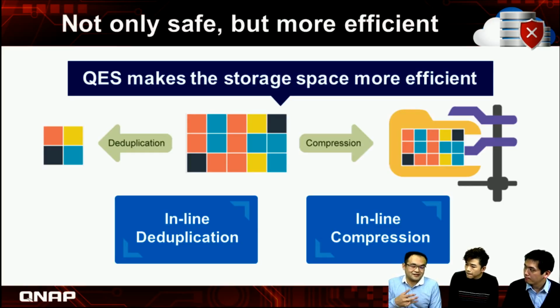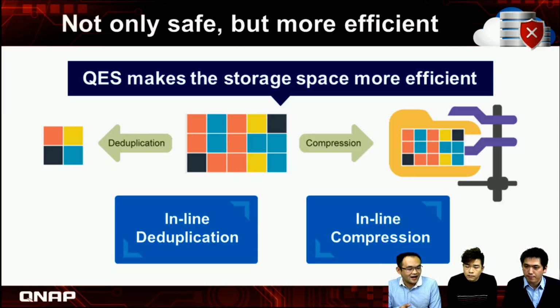Yes, and QNAP is aware that there are many IT requirements with very high IOPS requirements, so they need to use SSD as the storage, but it takes very high cost, so we need to make the storage space more efficient. So QES provides inline deduplication, which helps you reduce the data space occupied by duplicated data, and also inline compression, which helps you pack your data into smaller packages and save it in the storage.